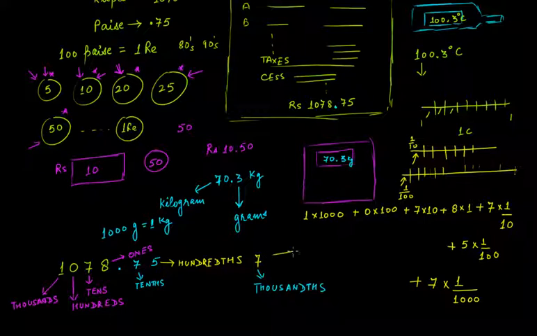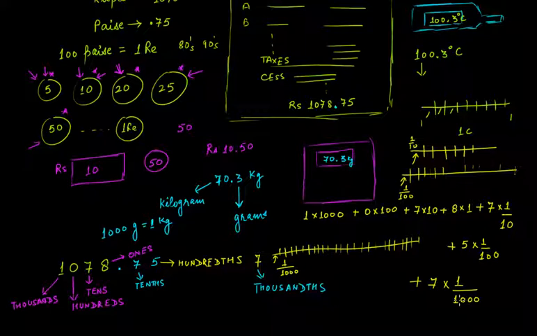It means that if there's a line segment and if you divide this line segment into 1000 equal parts, each equal part will represent 1 over 1000. This is a normal fraction. This is what thousandths means, that one portion out of 1000 equal portions will be equal to thousandths. So the multiplication factor for this is 1 over 1000.